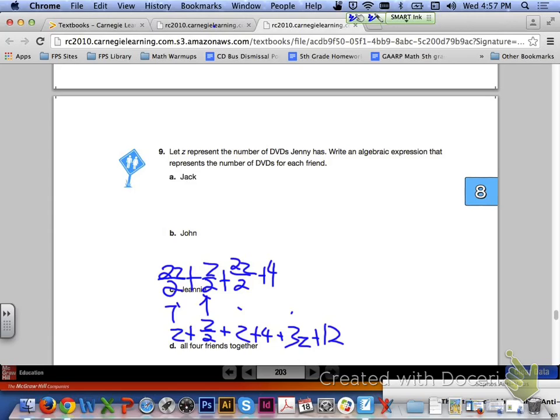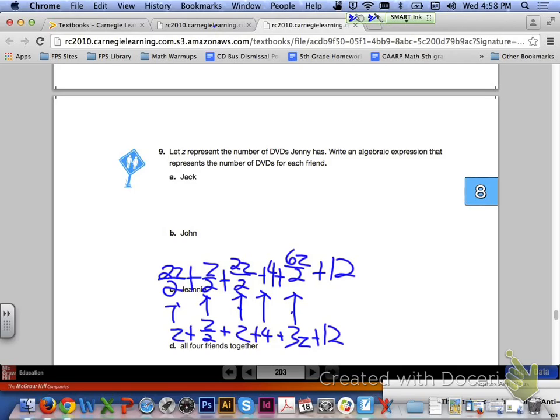Okay, so all of this will follow. So see my arrows there. Plus 3z. In order to turn 3z into something over 2, it's going to have to be 6z over 2. 6 divided by 2 is 3. And then the plus 12 will stay the same thing.